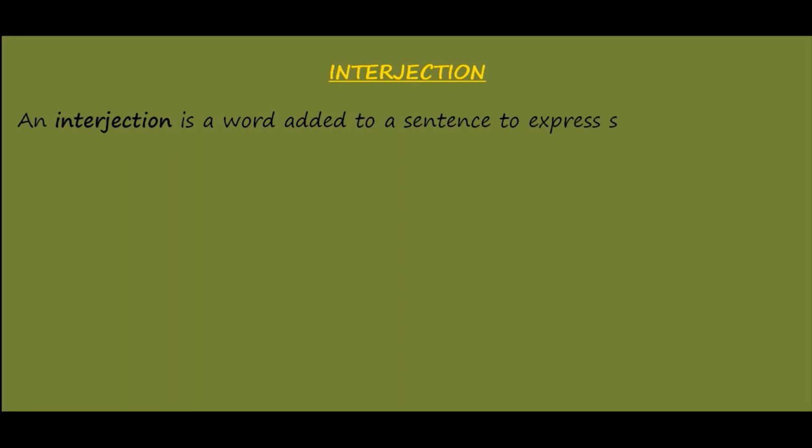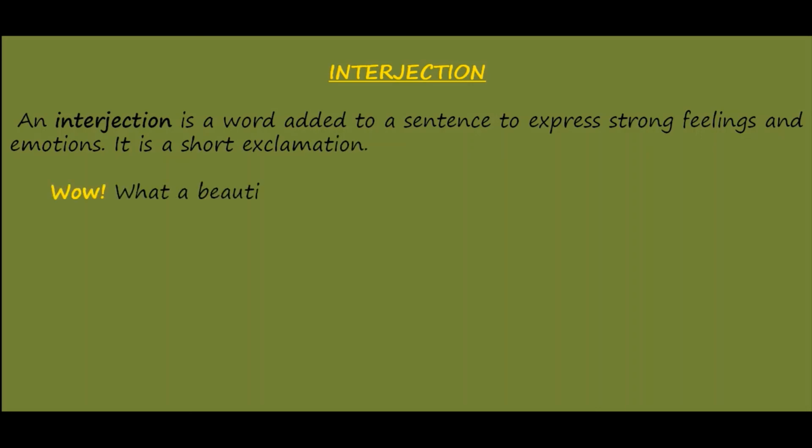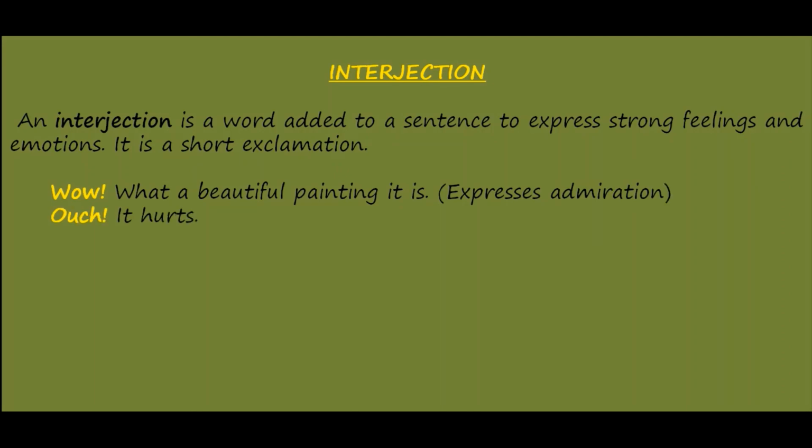Interjection. An interjection is a word added to a sentence to express strong feeling and emotions. It is a short exclamation. For example, wow, what a beautiful painting it is. And here, wow expresses admiration. And the second example, ouch, it hurts.